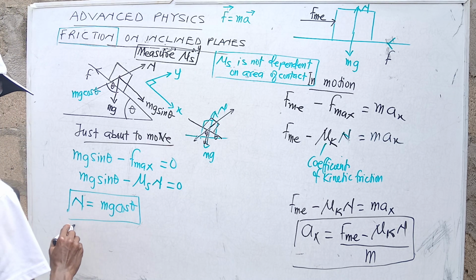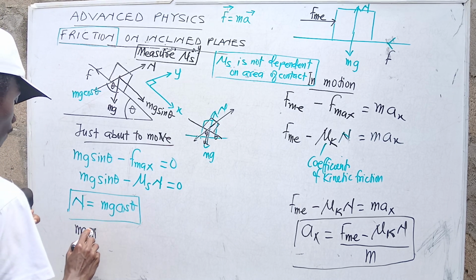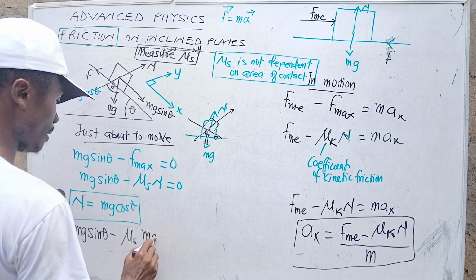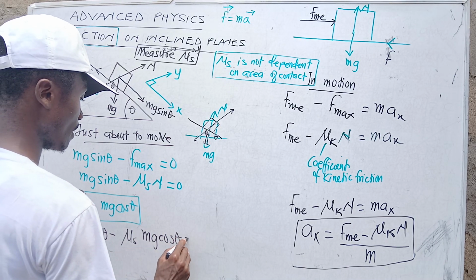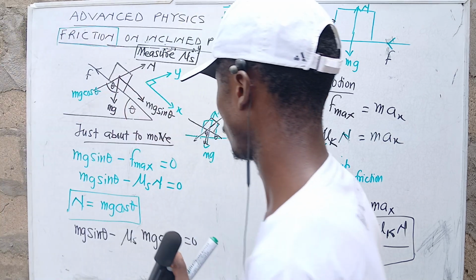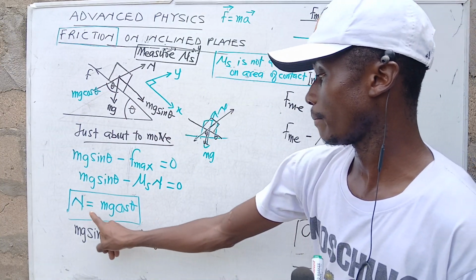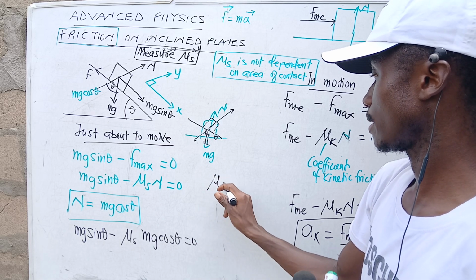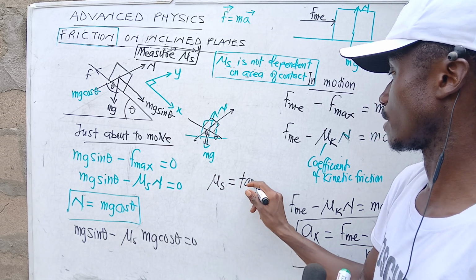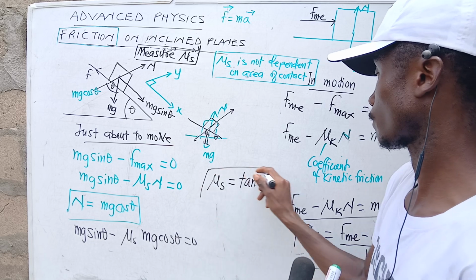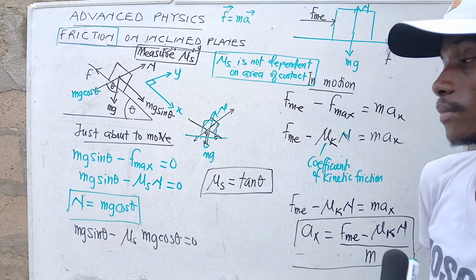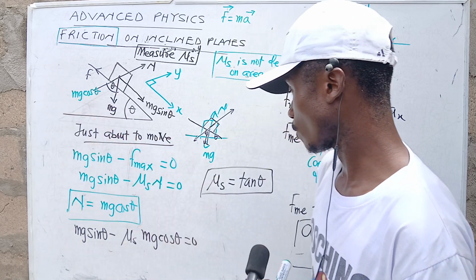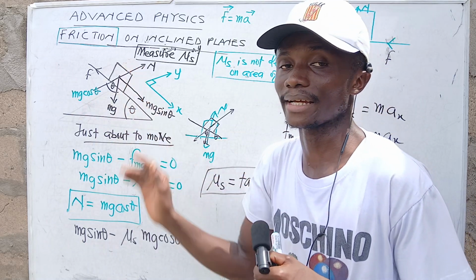So we have mg sine theta minus mu s mg cosine of theta equal to 0. Now we cancel m, we cancel g, and it turns out that mu s is simply tangent of theta. So the coefficient of static friction of this surface is equal to the tangent of the theta you incline it.